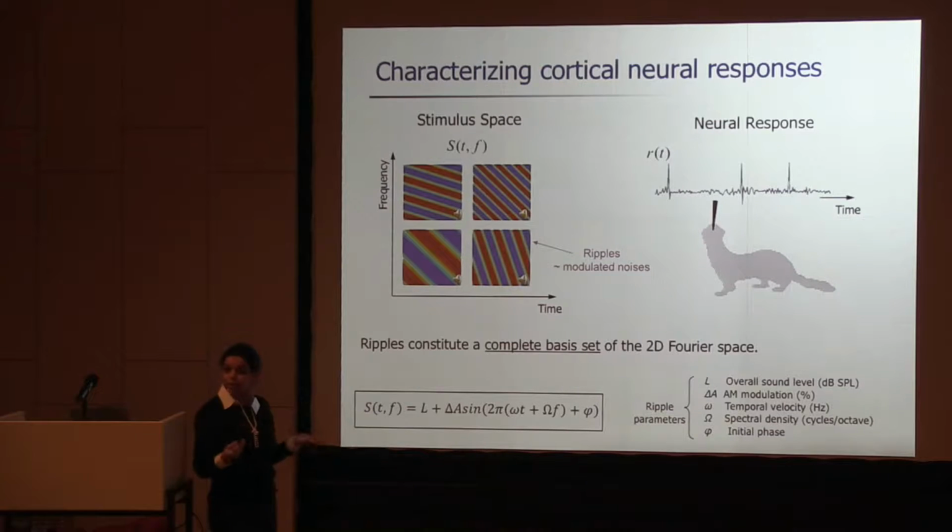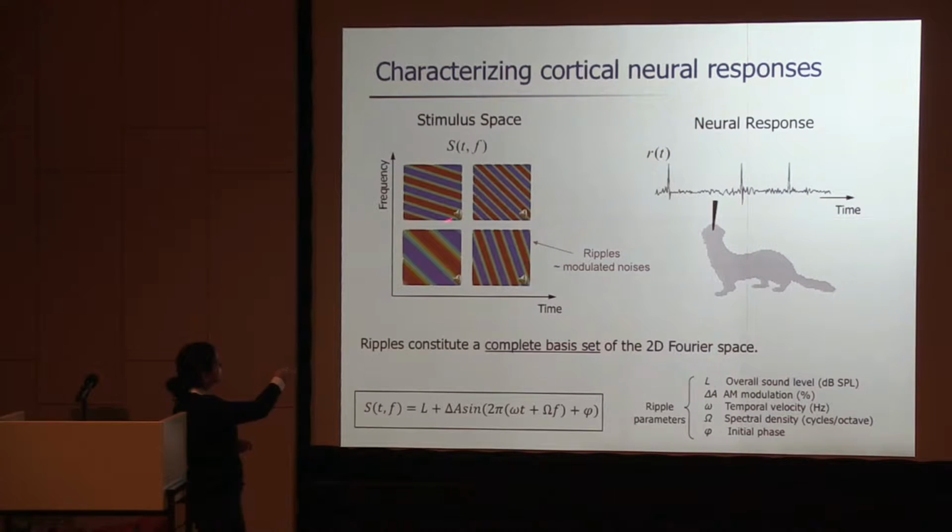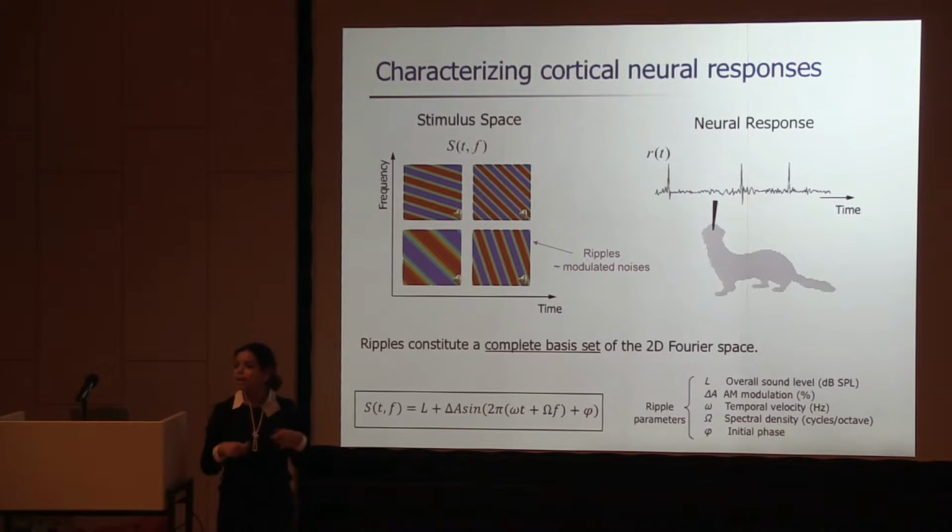These are basically noises that have been modulated in time and in frequency, and you can vary their modulations in time to make it denser or coarser, and similarly in frequency. So this is the analogous idea of a pure tone, but in two-dimensional space.